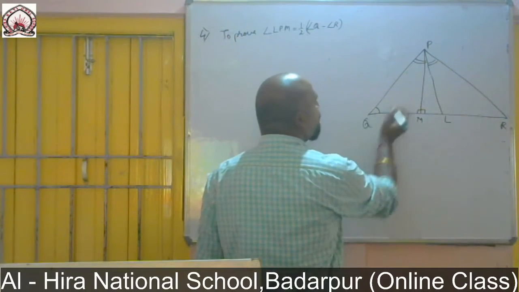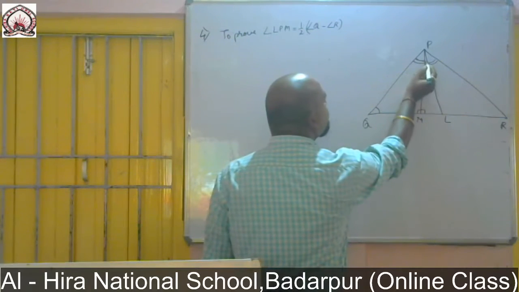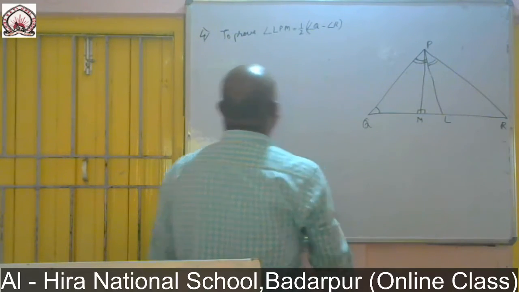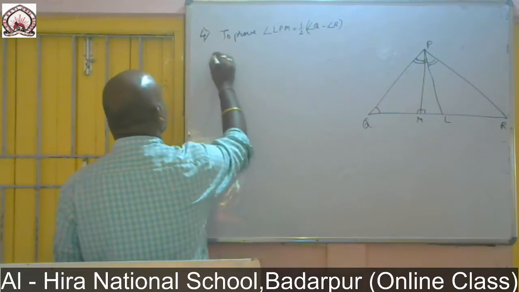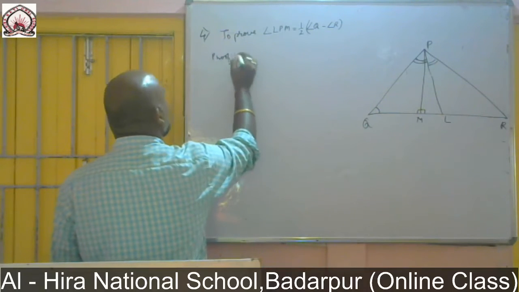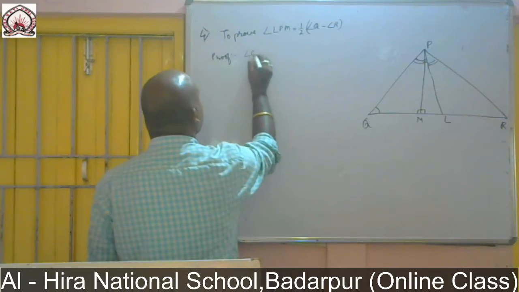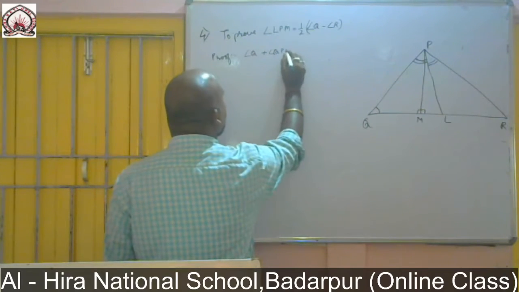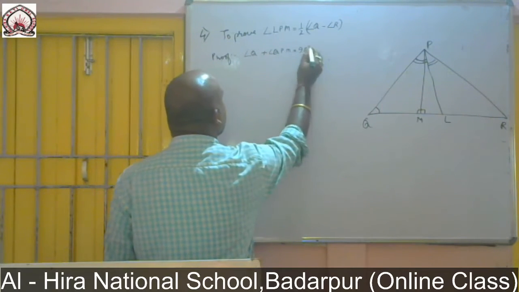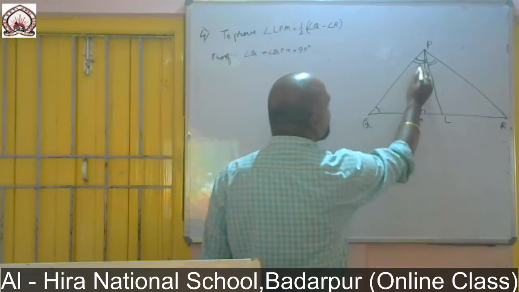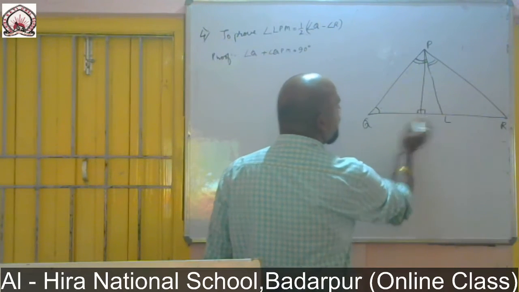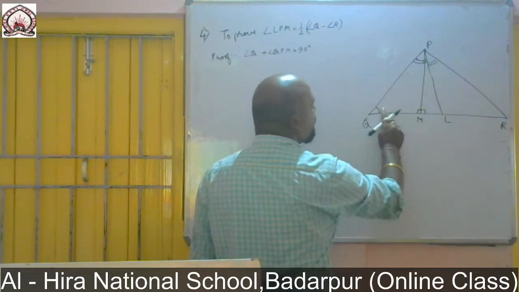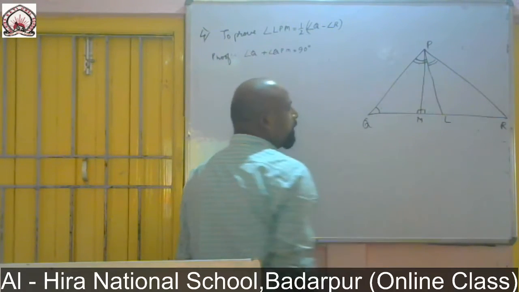This angle plus this angle equal to how much? Angle Q plus angle QPM equal to 90 degree, because in this triangle QMP, this angle plus this angle plus this angle equal to 180 degree.